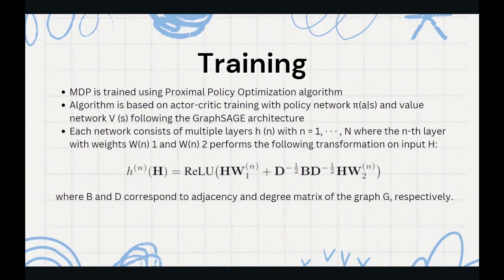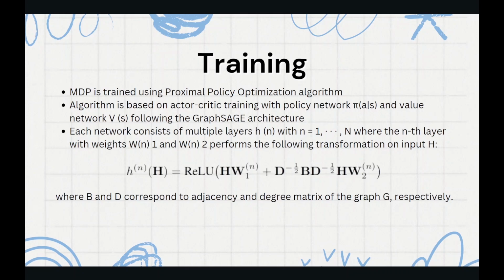Finally, getting to the training part, the MDP in the paper is trained using PPO. The PPO algorithm in the paper is based on actor-critic training following the GraphSAGE architecture. The term actor-critic refers to a hybrid architecture that combines elements of both value-based methods and policy-based methods.